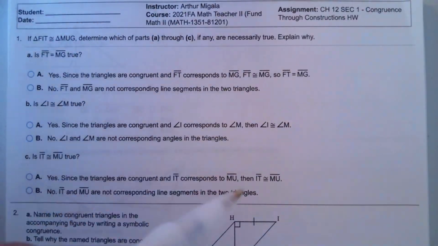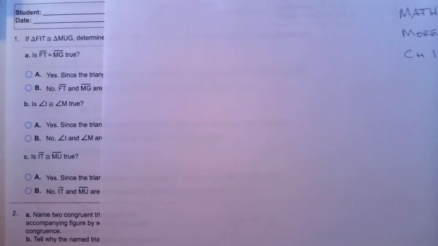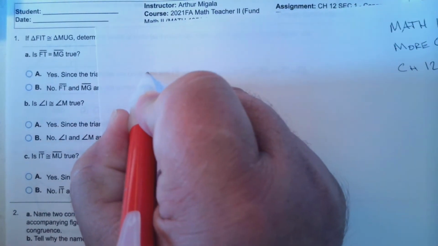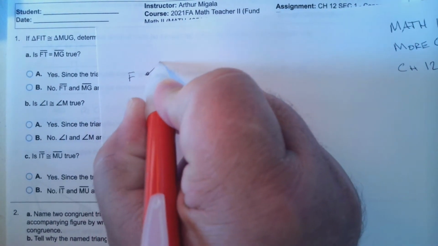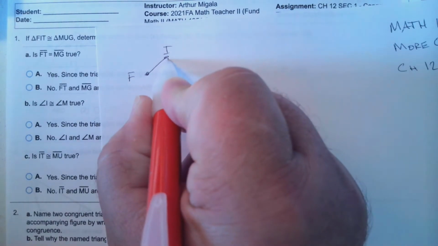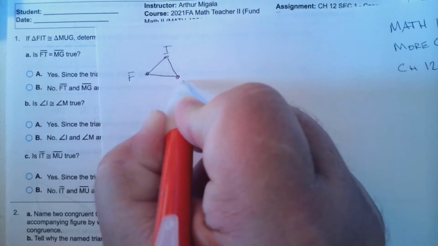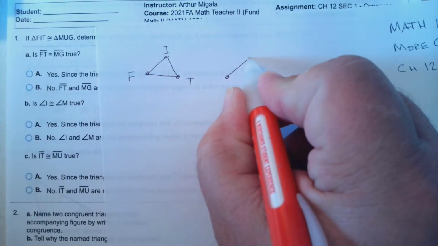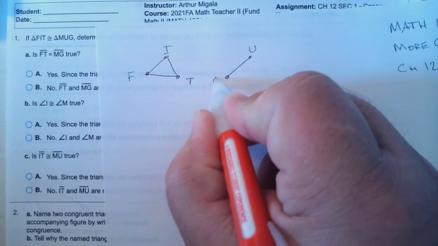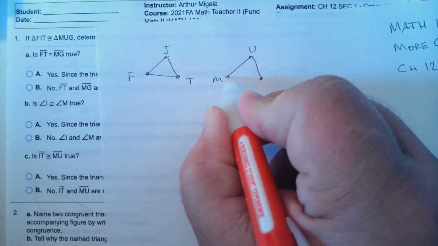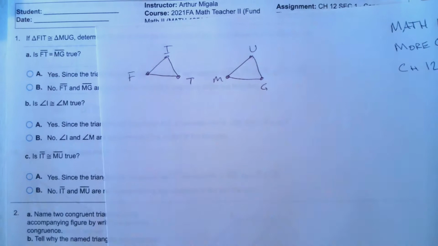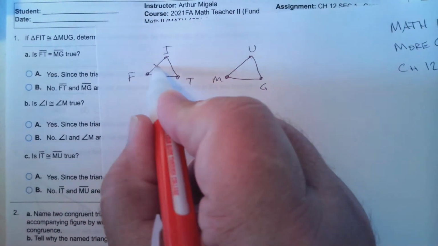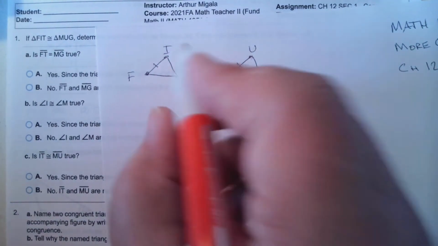First question. Remember, we had triangle FIT. It could be any triangle. And then the second triangle is MUG. Now, since they're congruent, this length and this length have to be the same.